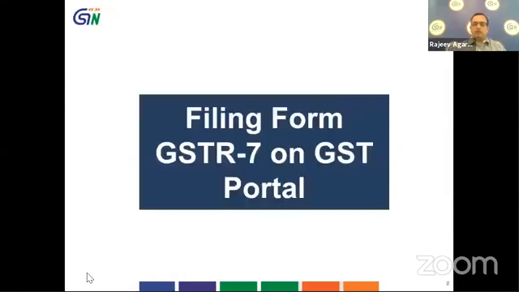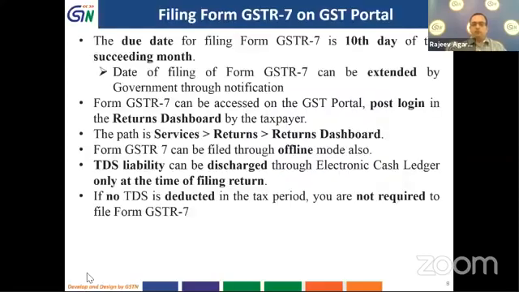Now we will see what is needed for filing Form GSTR 7 on GST portal. As we are aware, Form GSTR 7 is to be filed by the 10th day of the succeeding month, and this can be extended by the government via notification. Then it can be accessed on the GST portal post login in the returns dashboard. We are going to see this in detail later on.